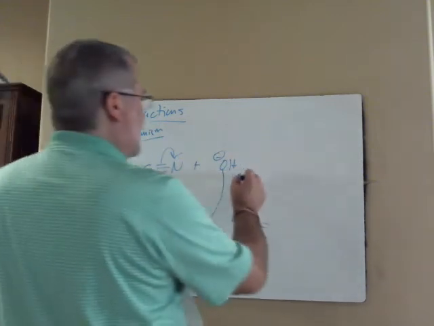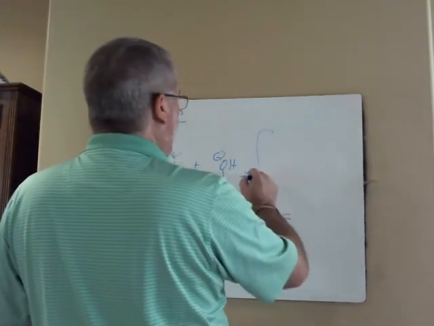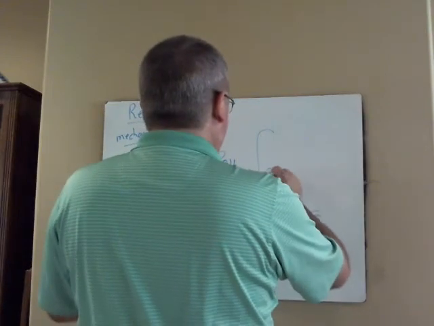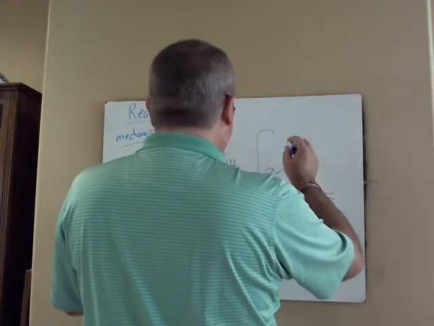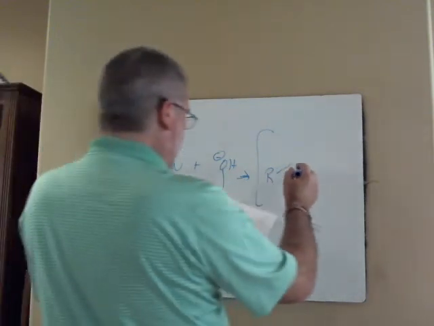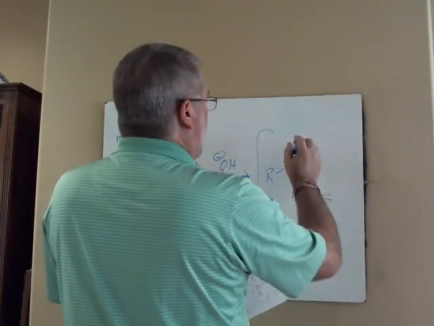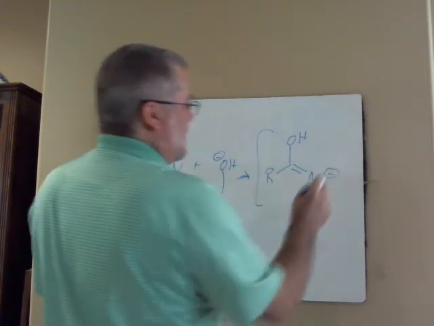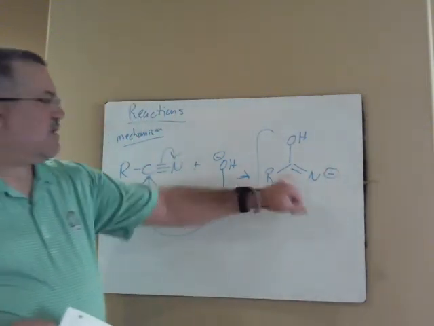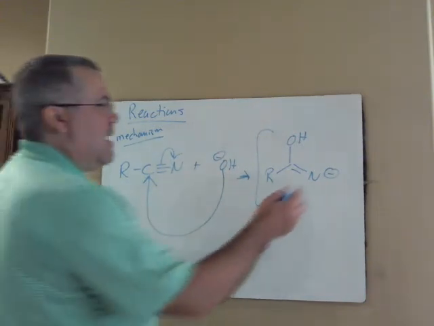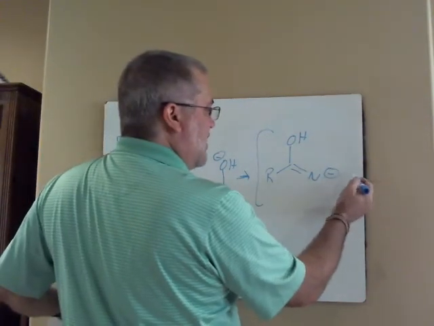So that means the intermediate we form, remember, is not a tetrahedral intermediate. In this case, I'm adding this as a neutral nucleophile, and so I'll do it like this, and my nitrogen, the electrons have moved out to it, so it's got a minus charge. It's in an aqueous environment.